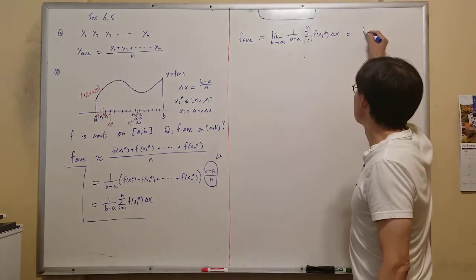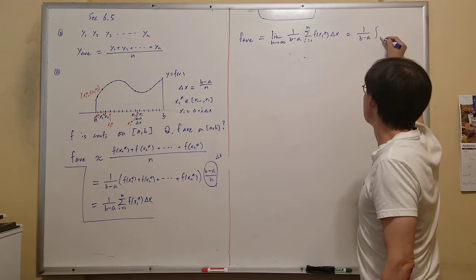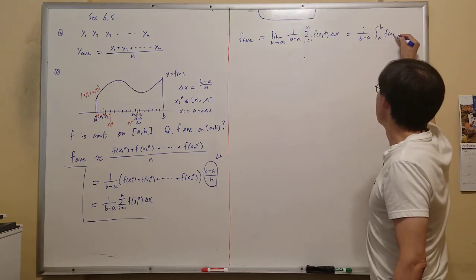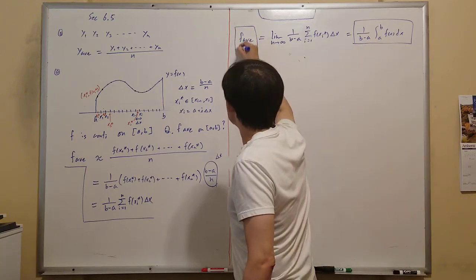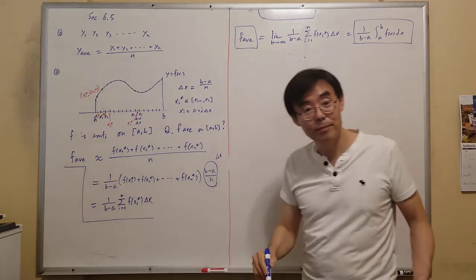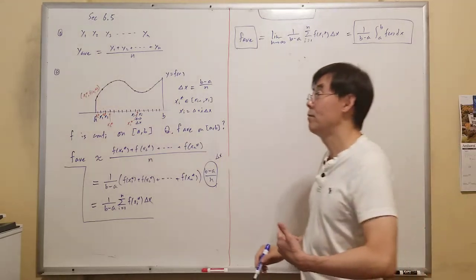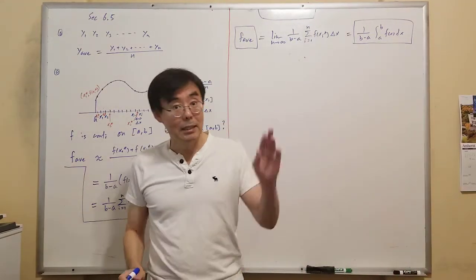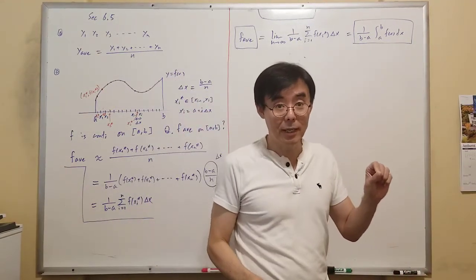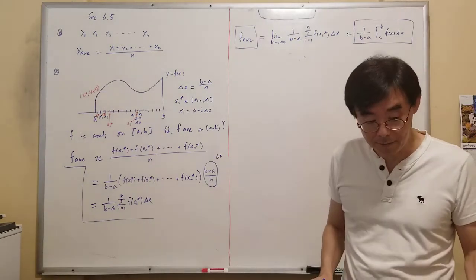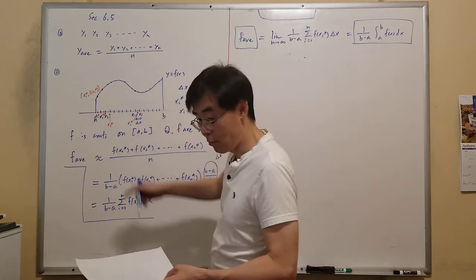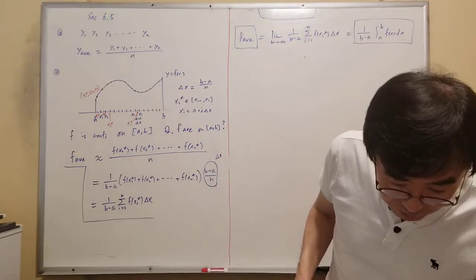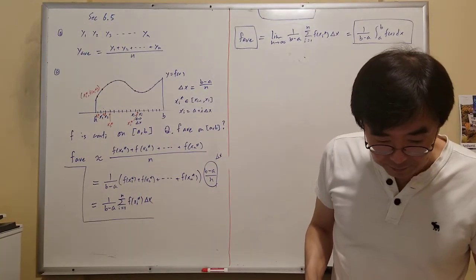It's definitely an integral: 1 over b minus a times the integral from a to b of f of x dx. That's how we define the average value of a function: the definite integral of f of x from a to b divided by the length of the interval. So this is a very nice approach.